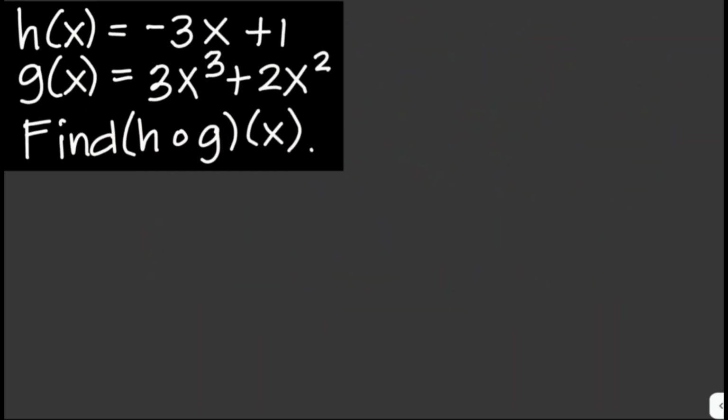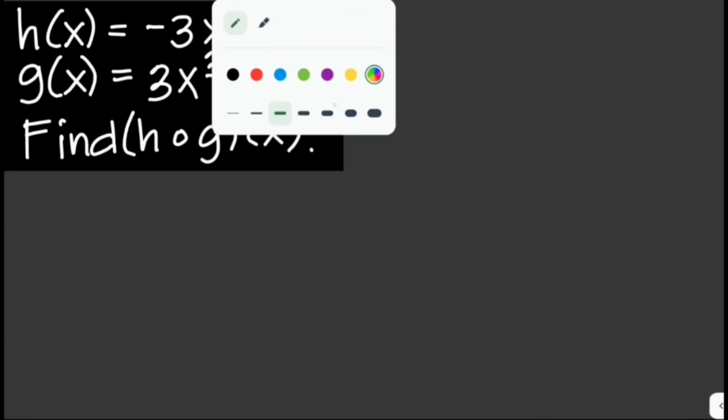Okay, let's solve another problem here. We're given two functions h of x and g of x, where h of x is equal to negative 3x plus 1 and g of x is equal to 3x cubed plus 2x squared, and we just have to find h of g of x.